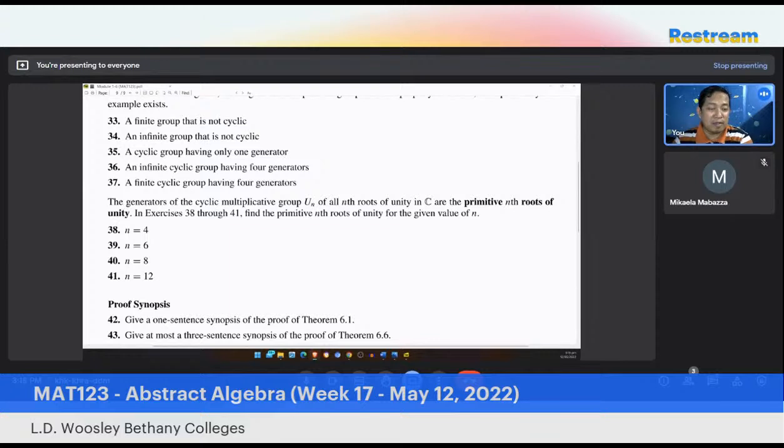Ano yung radian equivalent ng 60 degrees? Pi over 3. Assuming na yung radius mo is equal to 1, dahil unity siya, ano yung component mo ng real sa imaginary part at 60 degrees? Assuming you have 1 as your unity. Kasi lahat naman yan unity, no? Radius 1, pero yung component mo, x and y, magkakaiba. It will vary.